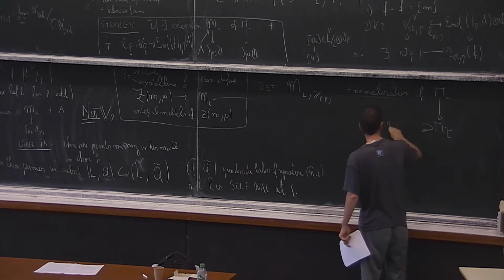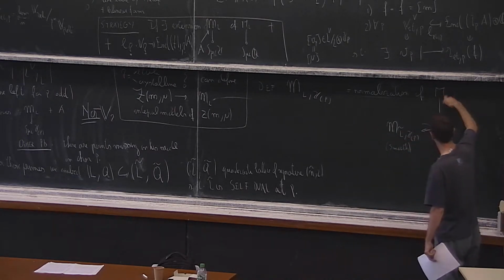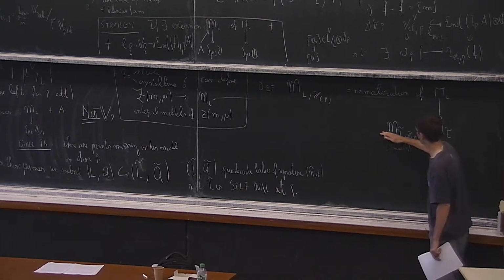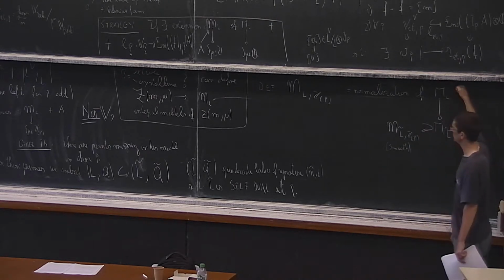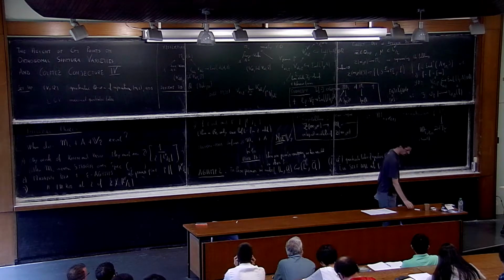This has a very nice model M_L tilde over Z_p, which is even smooth. And this map is finite. You simply normalize this model over Z_p inside this generic fiber. And let me write the proposition that you get in this way.